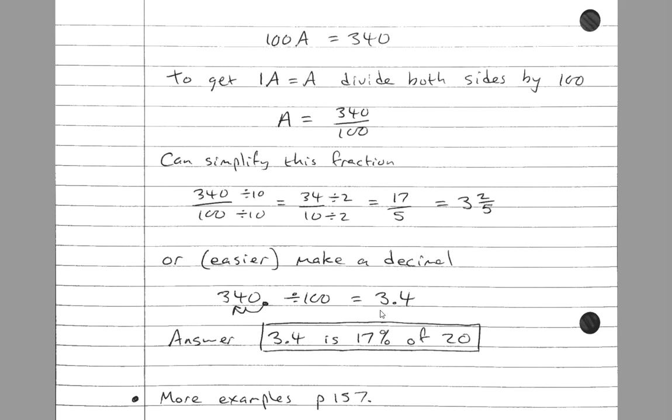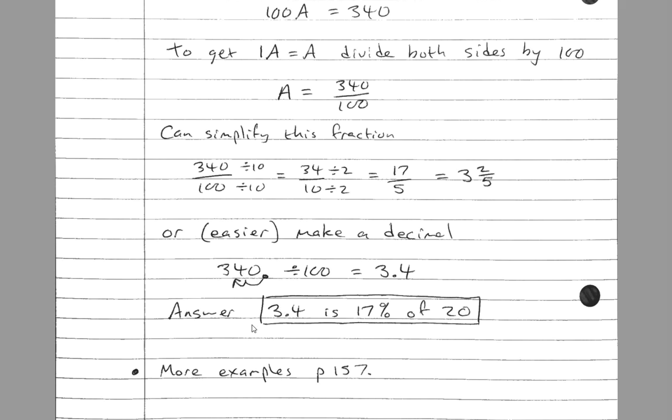So we can write the answer neatly as 3.4. Of course, 3.4 is the same as 3 2/5. So the missing number was 3.4. So 3.4 is 17% of 20.